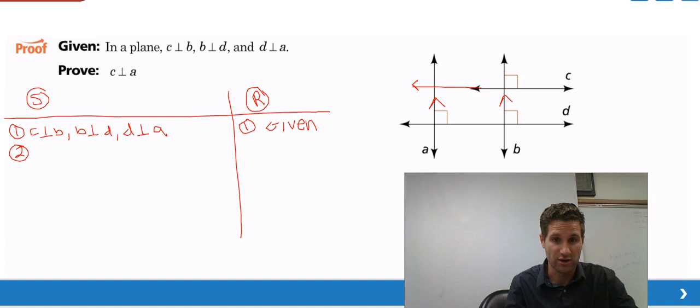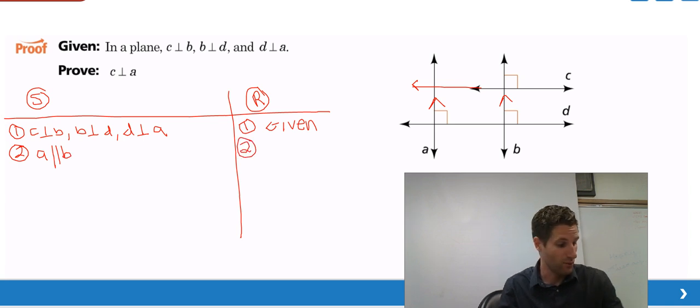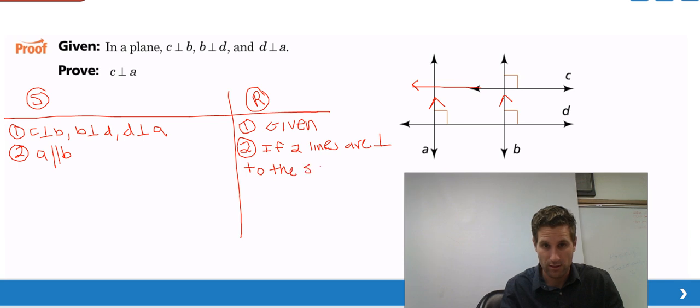So we're going to go ahead and write that A is parallel to B, and I'm just going to write what the theorem said. It says if two lines, and this doesn't have a theorem name, so we just kind of have to write it out, if two lines are perpendicular to the same line, then they are parallel.